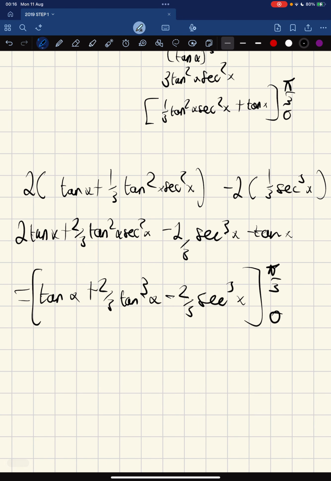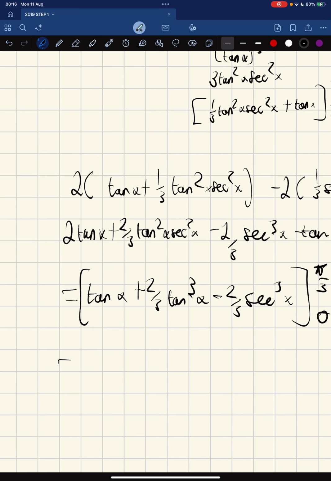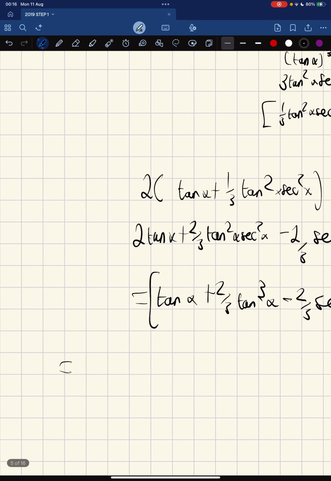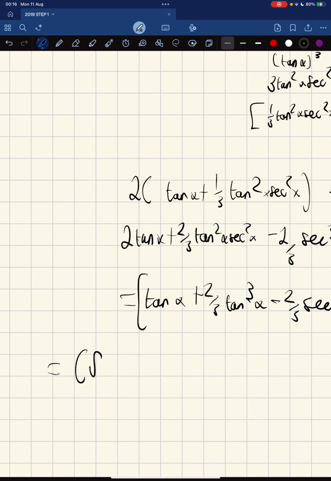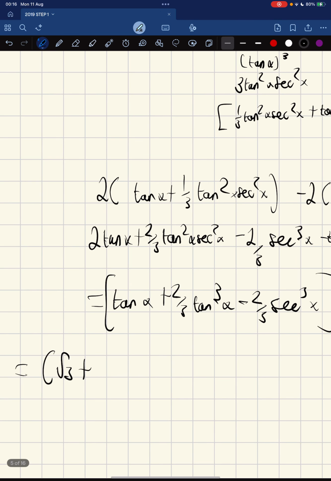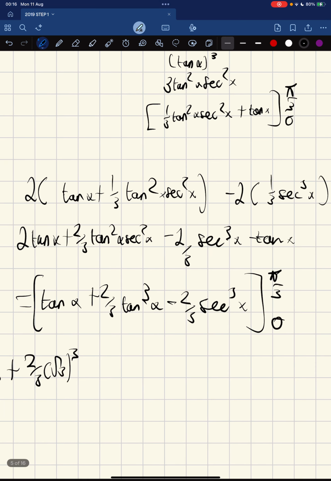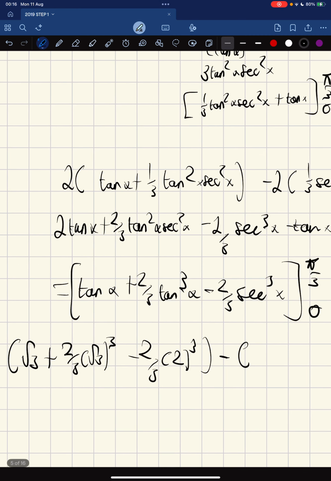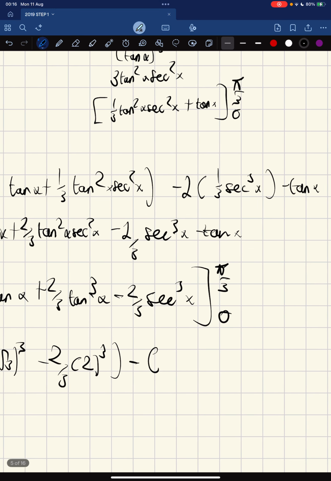So we're going to get root 3 plus 2/3 root 3 cubed, which is going to be 3 root 3, minus 2 over 3, 2 cubed, which is 8, minus 0, and minus 2 over 3.